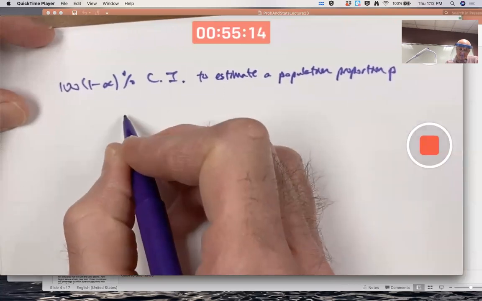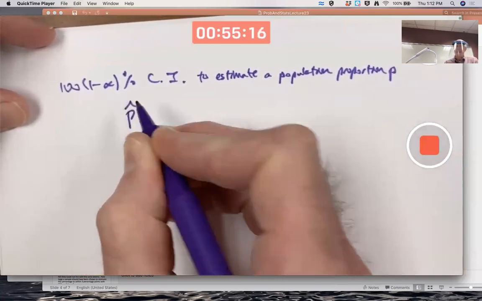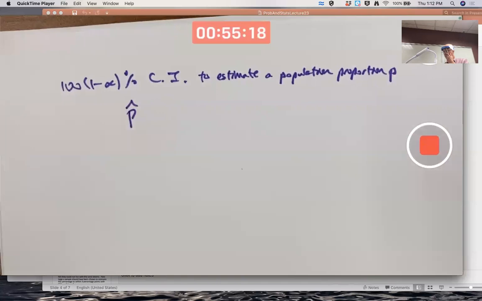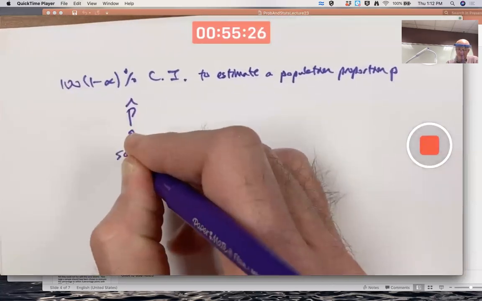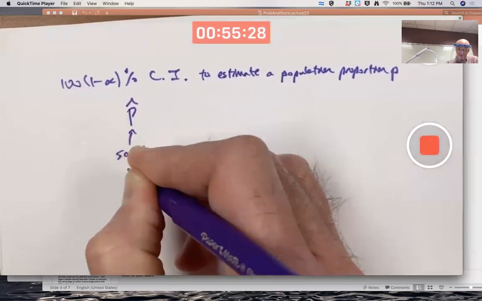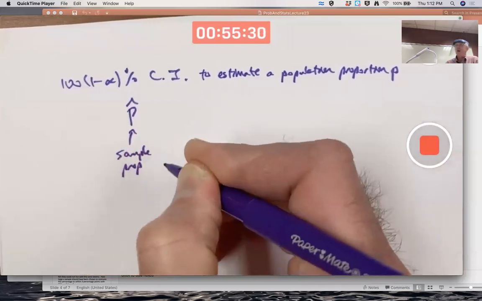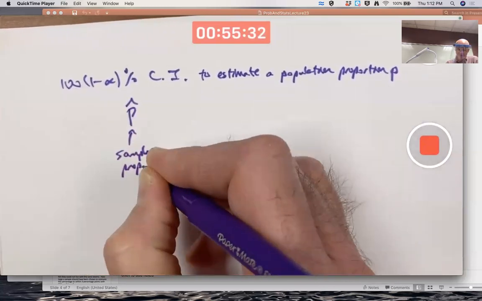Anyway, the formula is this. Your point estimator is p hat. What's p hat? It's the proportion from your sample, the sample proportion. And samples are always finite in size.